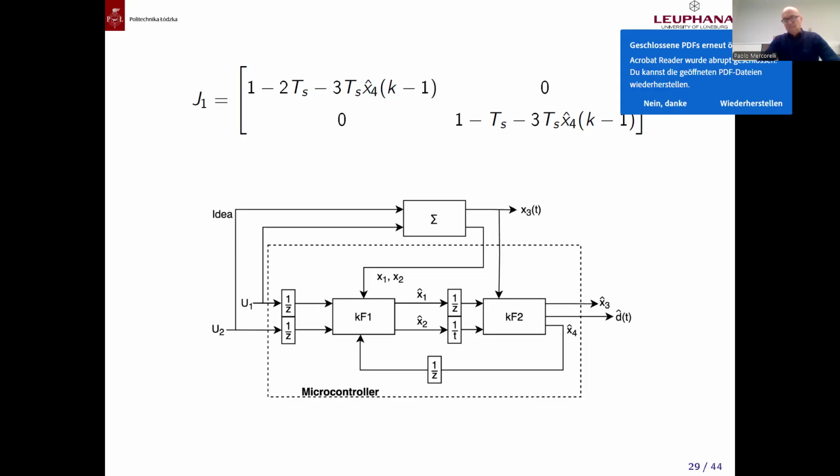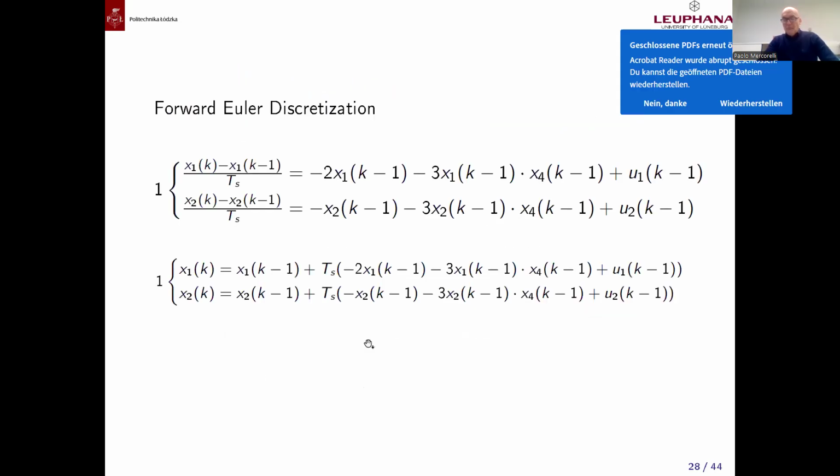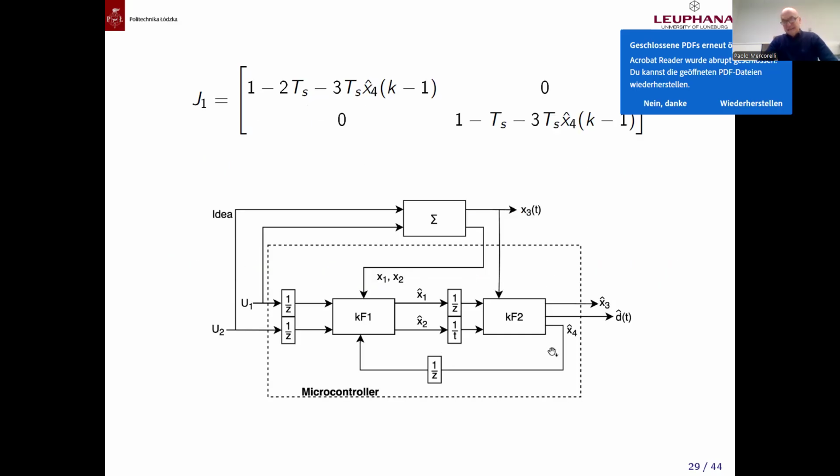Now, of course, the problem which we have here could be that nevertheless I need, let me say, time to obtain the estimation of X4 hat, because you can see here we have a 1 divided z, the delay for X1 and X2.